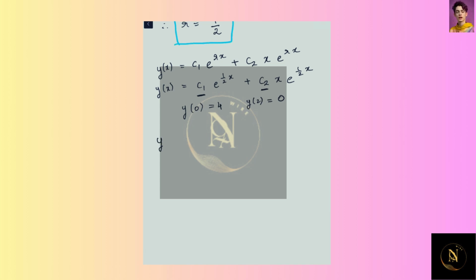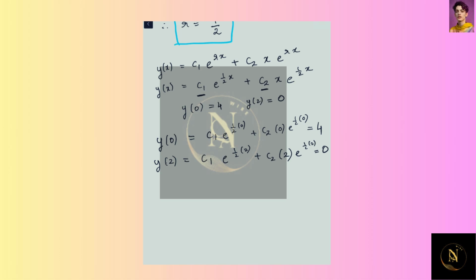So let's plug this in. y(0) becomes c1 e^(1/2 × 0) + c2 × 0 × e^(1/2 × 0), and that equals 4, and y(2) is equal to c1 e^(1/2 × 2) + c2 × 2 × e^(1/2 × 2) equals 0.